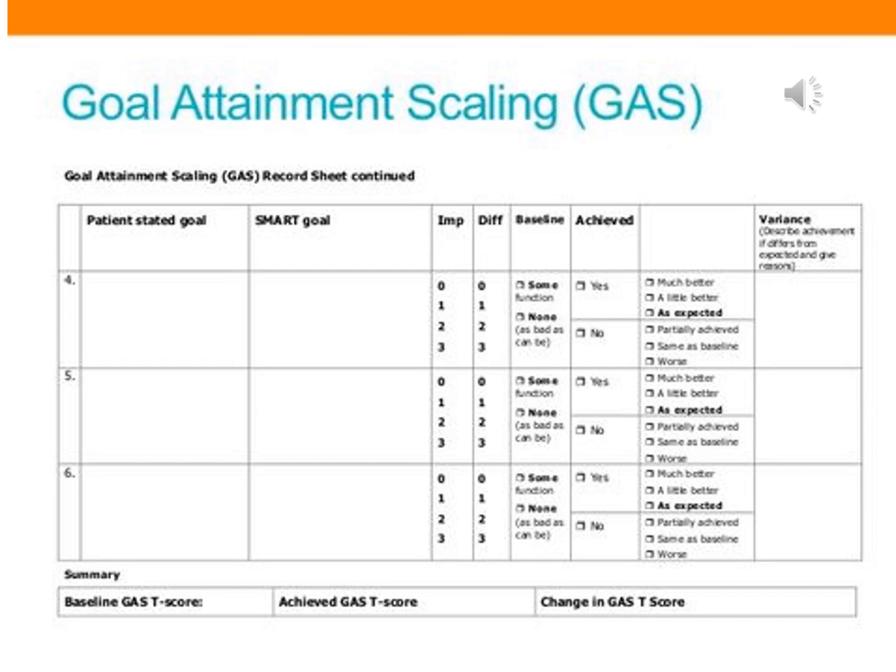You have your baseline score, and then whether or not it was achieved and to what extent. So much better, a little better, or as expected. So this is just one sample. There are a few different versions of sample score sheets for the goal attainment scale, but you can see the areas that we talked about in the previous couple of slides.